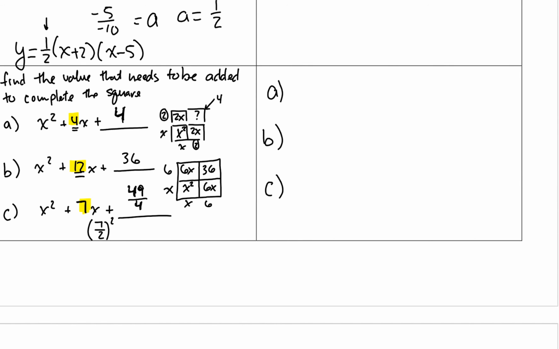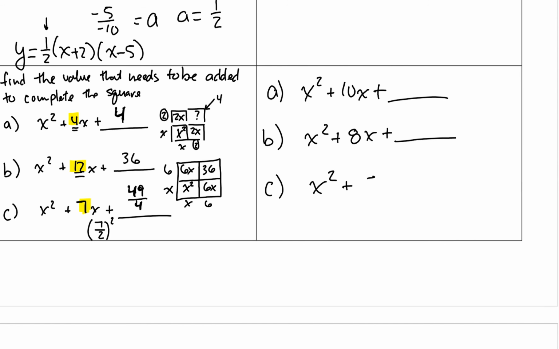And the 3 problems I'm going to give you are x squared plus 10x plus something, x squared plus 8x plus something, and then x squared plus 5x plus something. Okay, so go ahead and complete this, and then go on to the next video when you're ready to do the back side of the page.